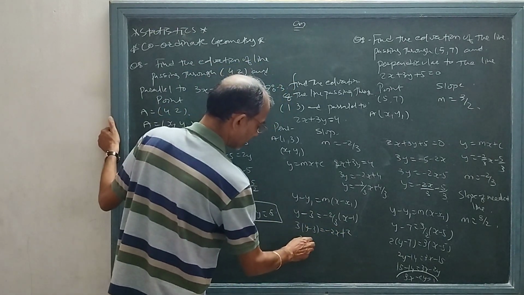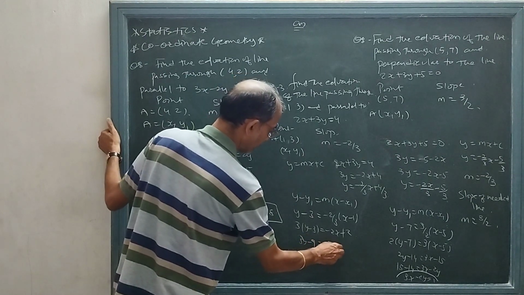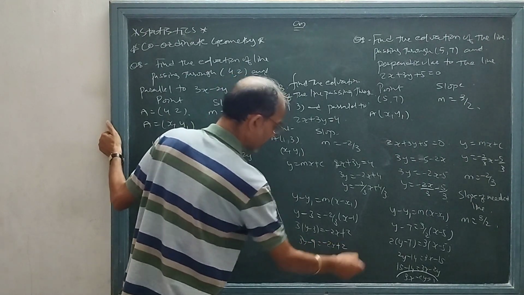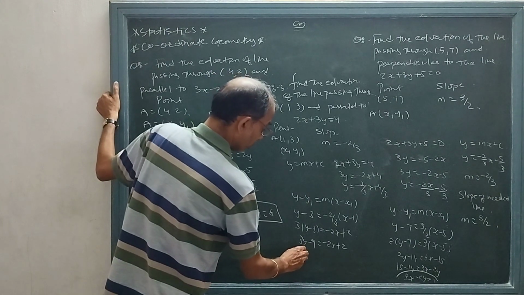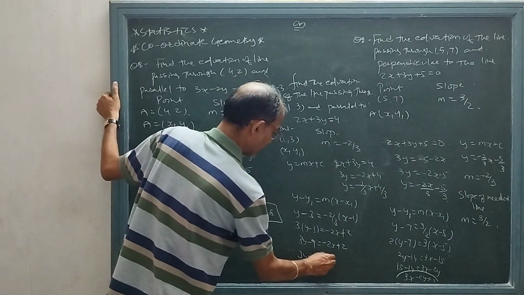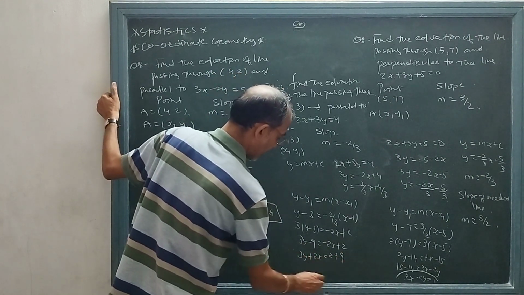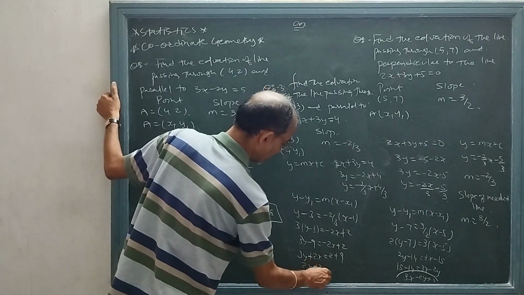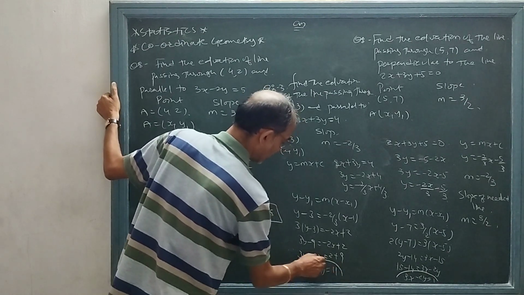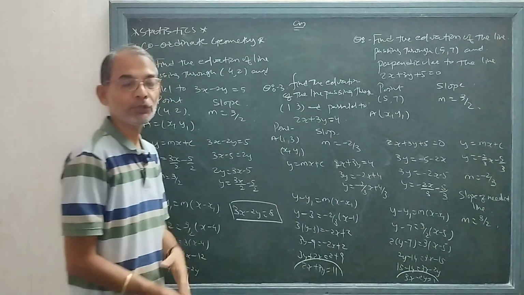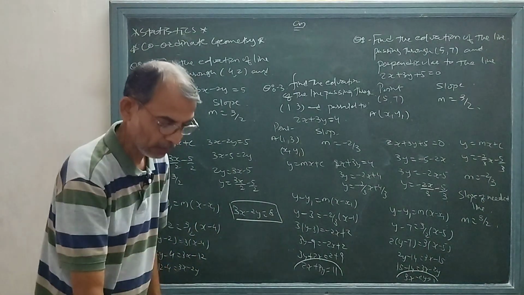This will become 3y minus 9 is equal to minus 2x plus 2. 3y plus 2x is equal to 2 plus 9. So 2x plus 3y is equal to 11 will be the required equation for this line.